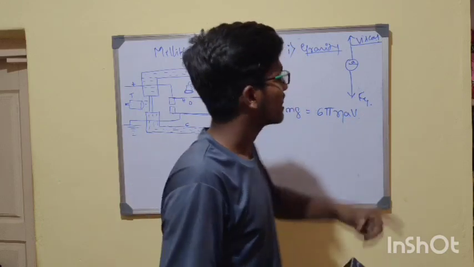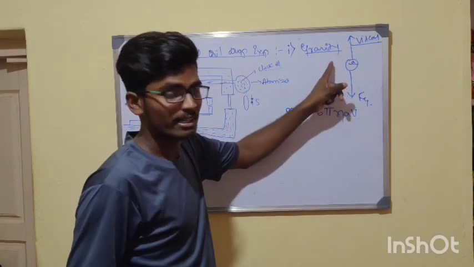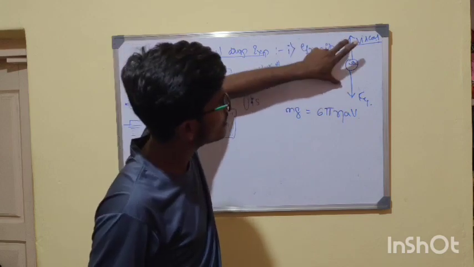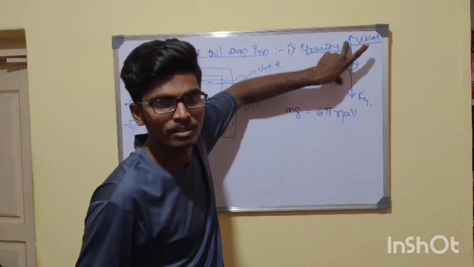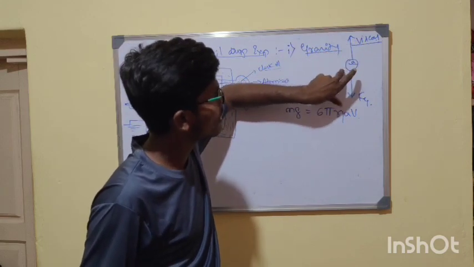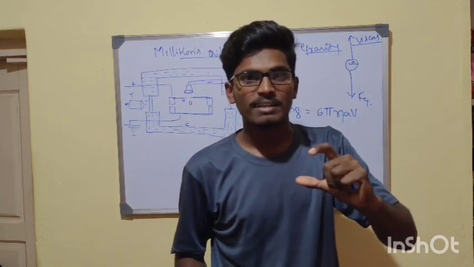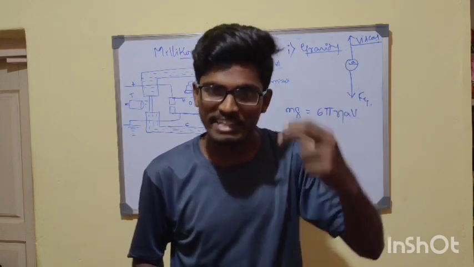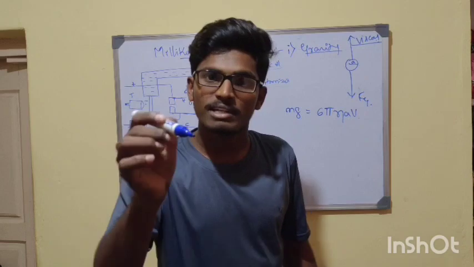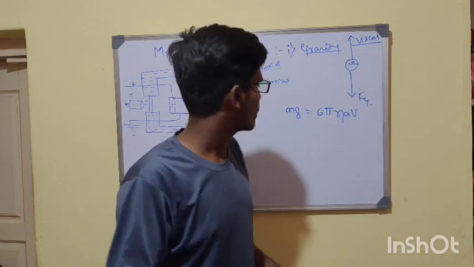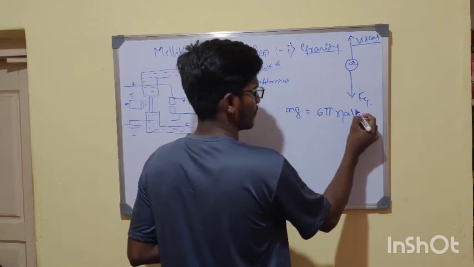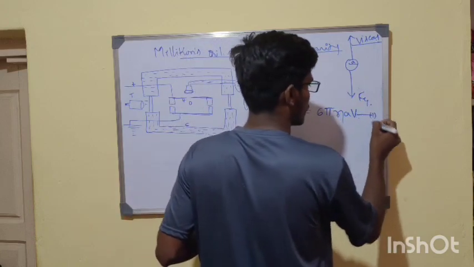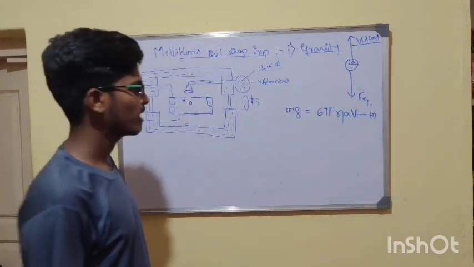The velocity attained by this droplet, because these two forces become equal. Whenever these two forces become equal, it is going to attain a constant or steady velocity, and that velocity is termed as terminal velocity, and that is v. Now call this equation 1.